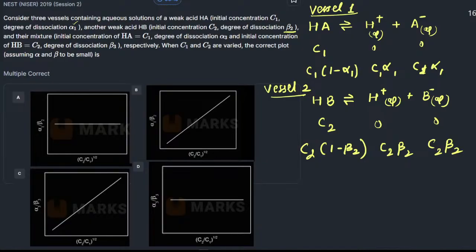In the first case, alpha 1 by beta 2. Okay, so in the first, let us write KHA, that is equal to H plus ion concentration times A negative ion concentration divided by HA concentration.